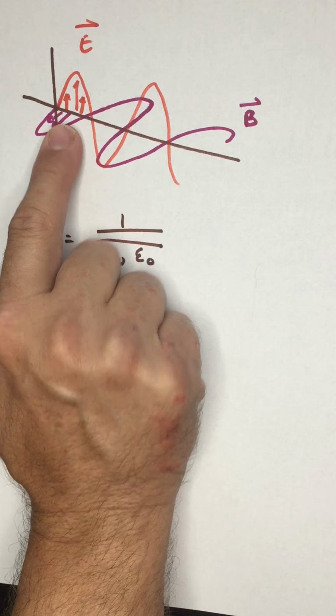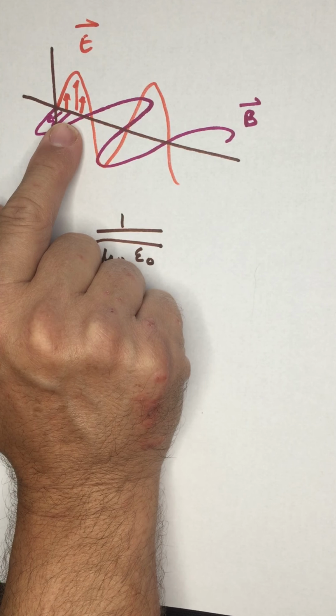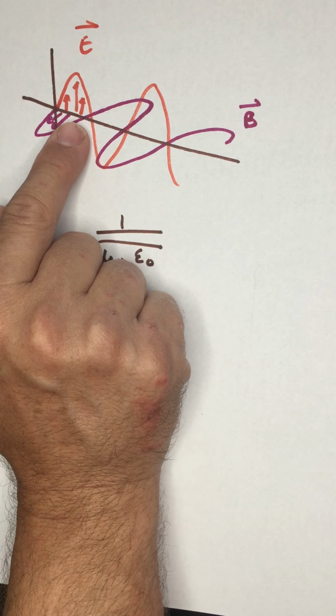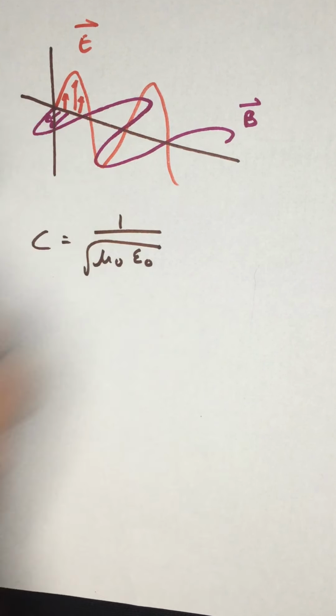Well, if the current is changing, just by virtue of the fact that the current is made up of charges, then I get an electric field that is also changing in time. But, as implied by Faraday's law of induction, if I change an electric field, I generate some sort of changing magnetic field.